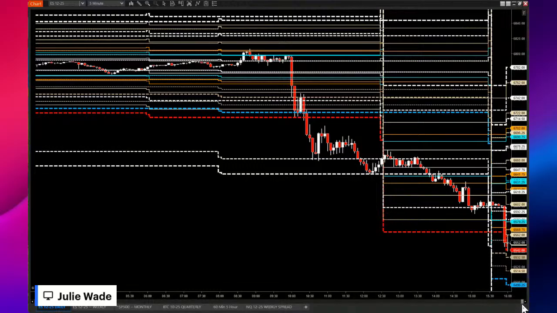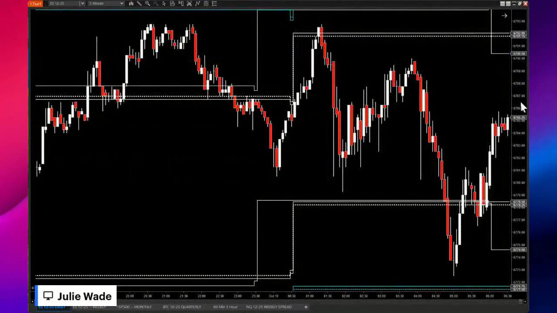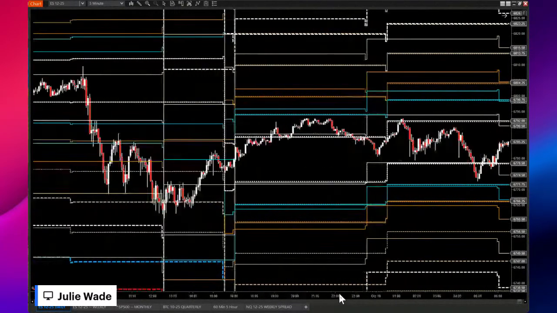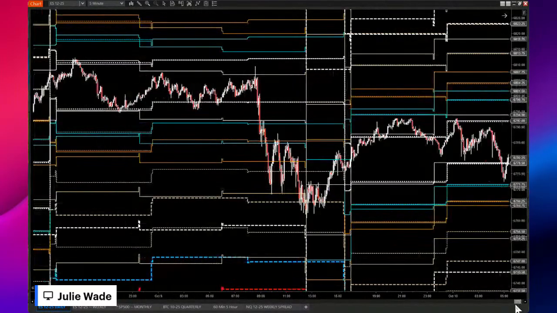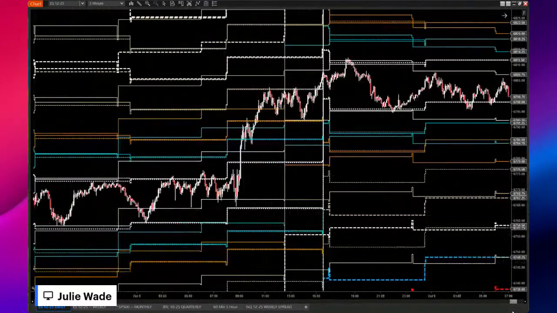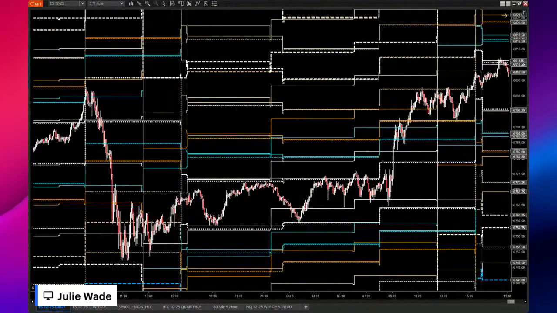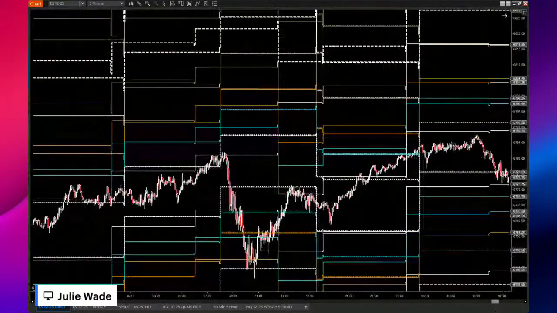I was looking at it earlier with everyday trading. If I can undo this, you can see that the daily, I think, works a little bit better on everyday trading, but it's pretty accurate.